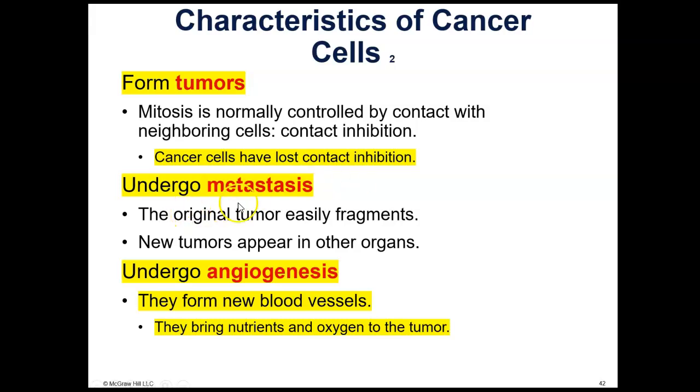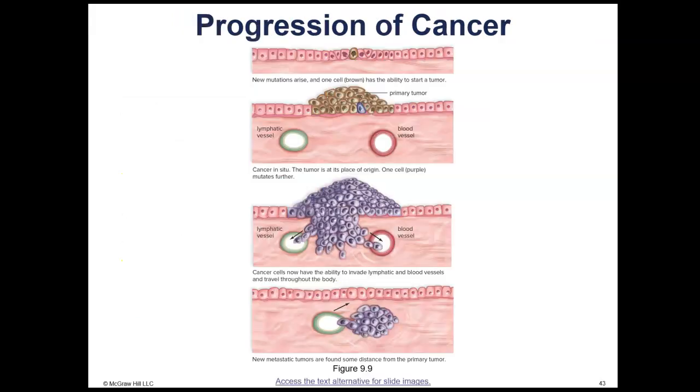Cancerous cells undergo metastasis, which means that the tumor can break apart and it can spread to other organs. Another thing that occurs with cancerous cells and tumors is this process called angiogenesis, the formation of new blood vessels. And so the tumor will receive nutrients and oxygen, sometimes even when the person's healthy cells won't get enough nutrients and oxygen, won't get enough of a blood supply because it's now being diverted to the tumor.